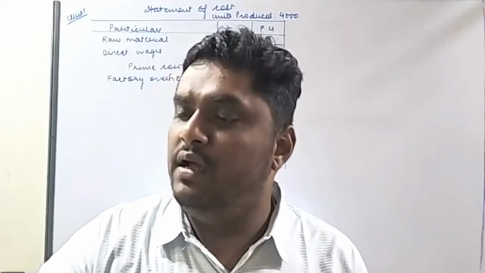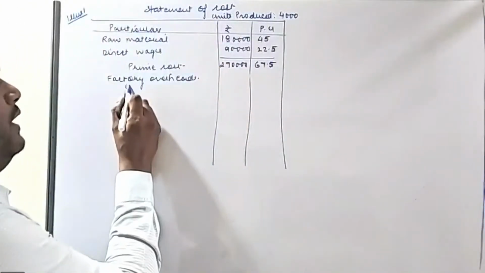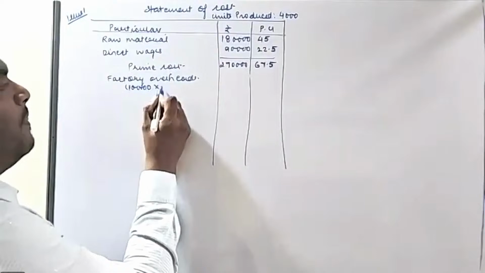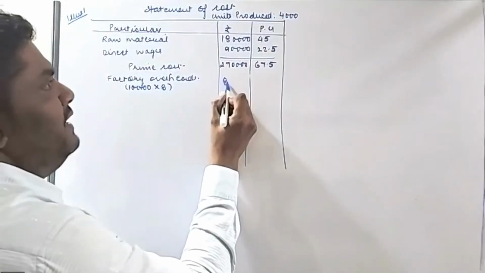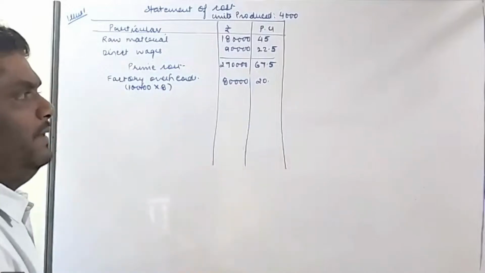Herein the information is given that machine hours worked are 10,000 and the machine hour rate per hour is 8. So my factory overheads will be 10,000 into 8. That is 80,000. Divided by 4,000, so this will be 20.